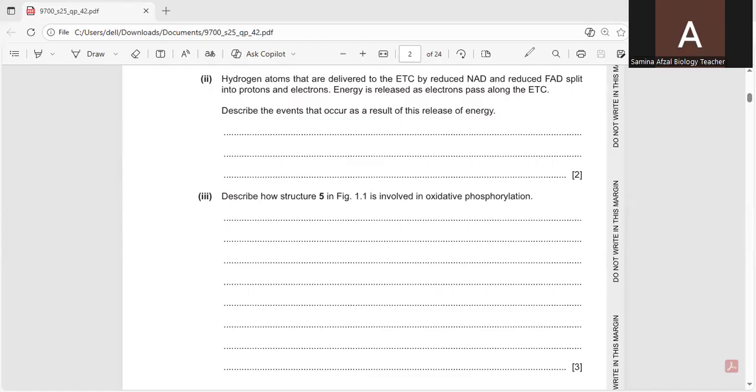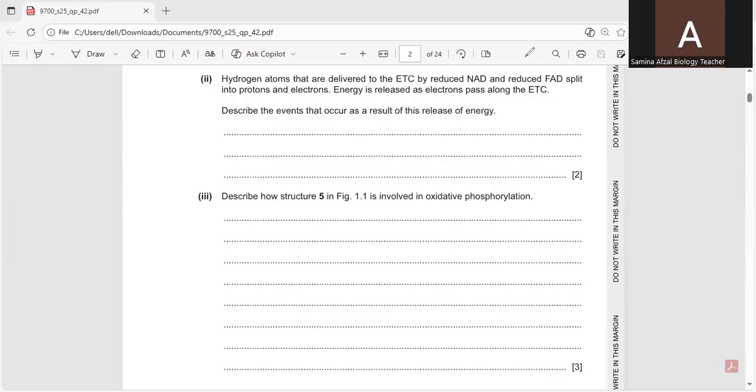So what happens during this process? The electrons are passed sequentially along the chain of carriers you have seen in figure 1.1, that is 1, 2, 3, and 4, releasing energy at each step.